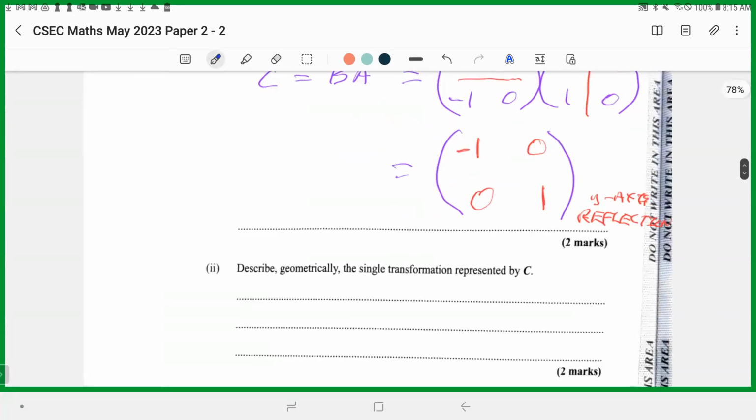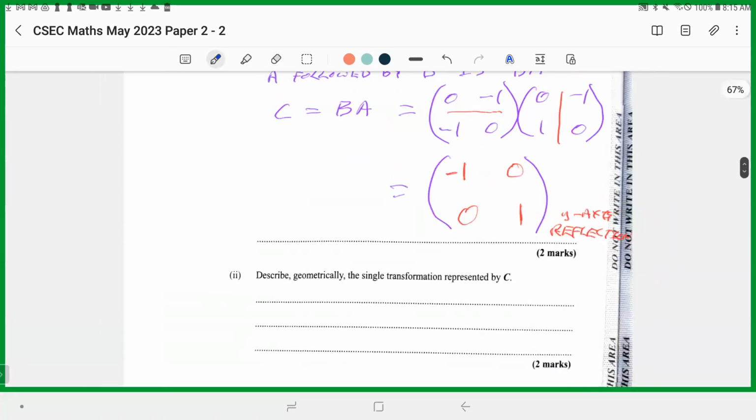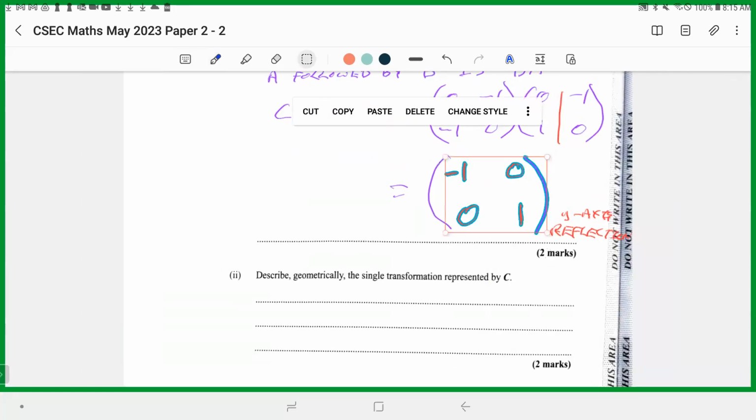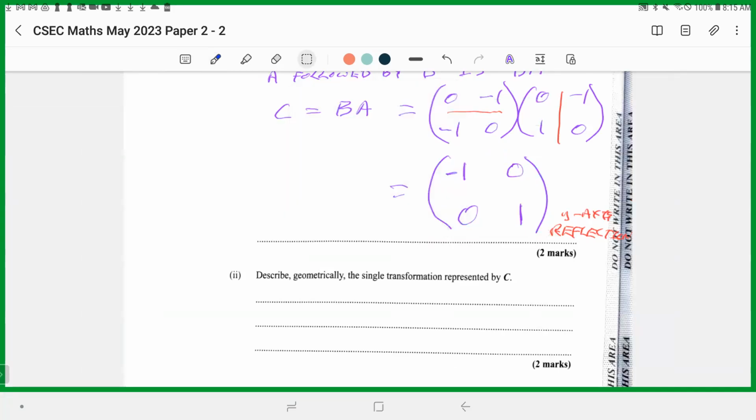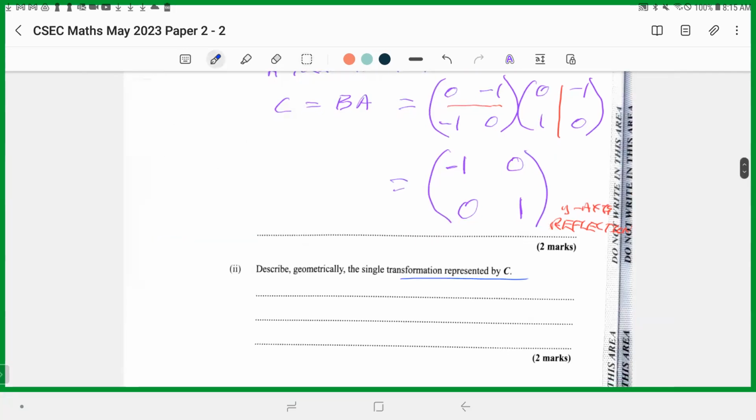Reflection in the y-axis. Let me change these values to purple. Match the color of the question. Let's go back to blue. All right, so this now wants us to describe C. It's a reflection in the y-axis.